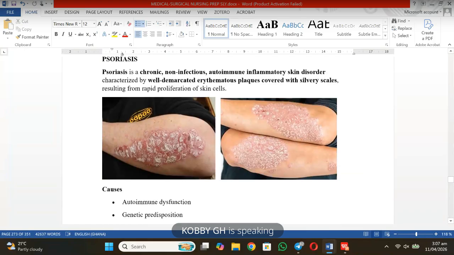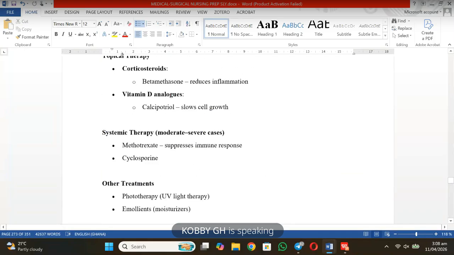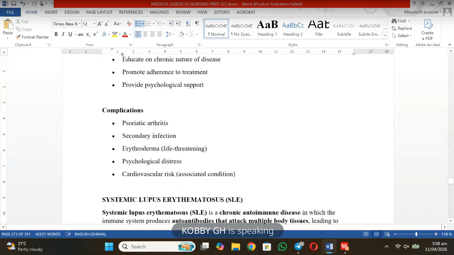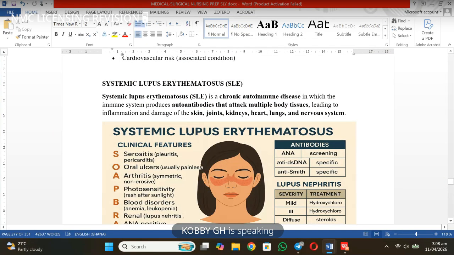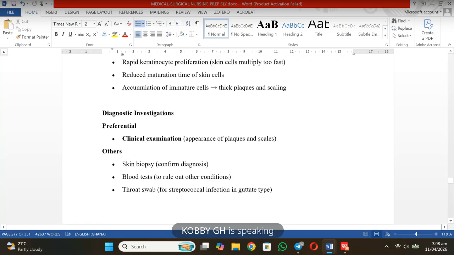But come to systemic lupus erythematosus. Now, this is also considered an integumentary system condition. It's also a chronic autoimmune disease. But the difference is that the manifestation is not only on the skin. Let me take that again. Now, let's go back. Look at psoriasis.